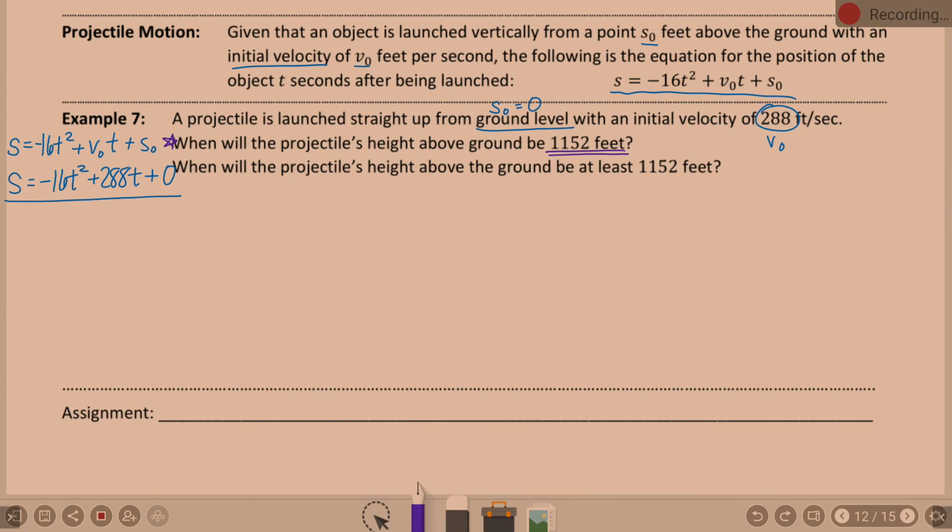Is our answer in seconds? So you set it equal to 1,152. Yeah. This right here is the position after the object is launched. So we're going to take this equation and set it equal to that. So I'm going to say negative 16t squared plus 288t, I'm going to drop off the 0, and equals 1,152.